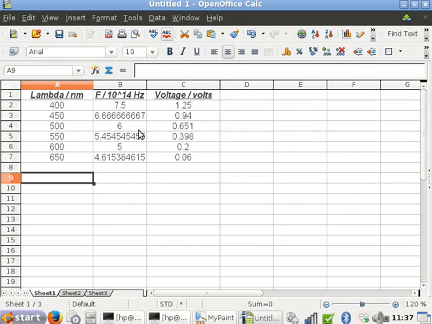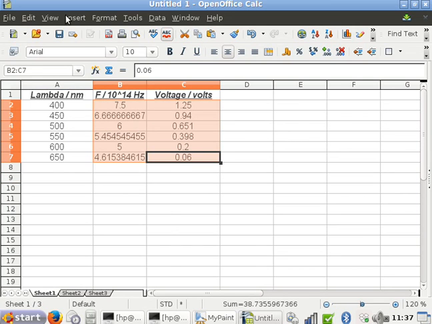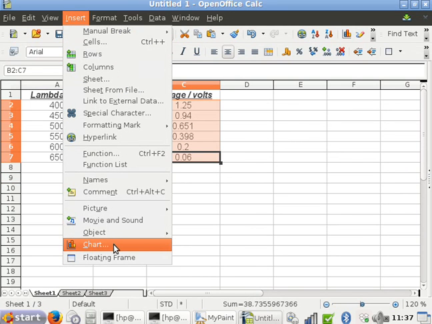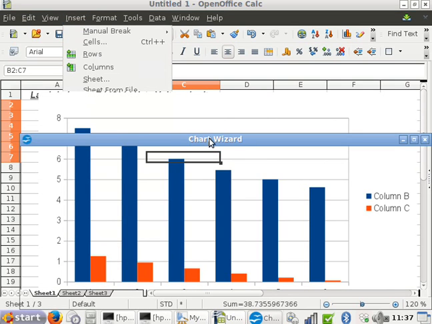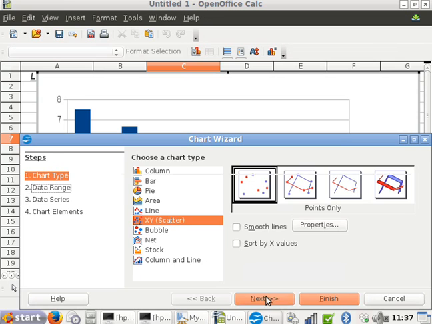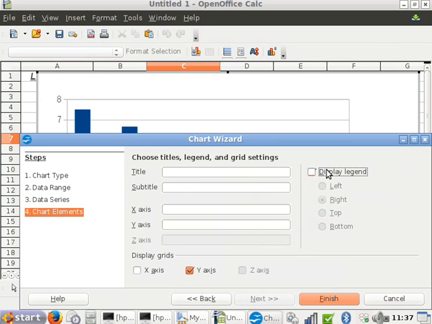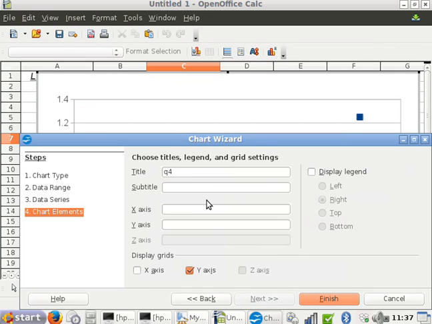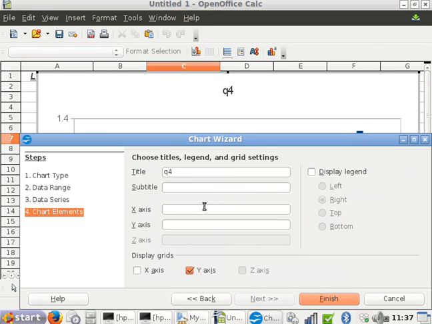So yes, you can put 10 to the 14 in the unit on the x-axis, and voltage is just in volts there. So insert chart. Right, so this is question 4, and the x-axis is frequency in 10 to the 14 hertz, and the y-axis is voltage in volts.